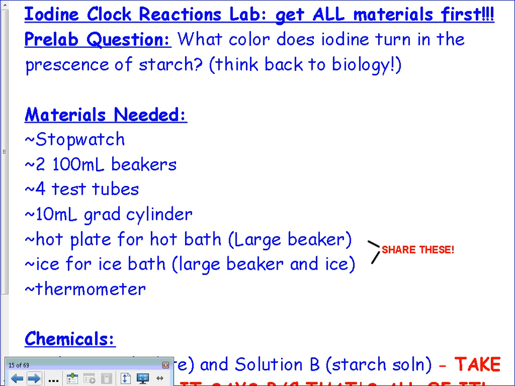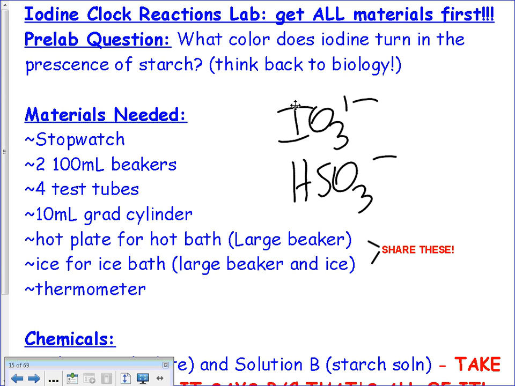So our reaction is between iodate, it's potassium iodate, but it's just the iodate I'm concerned about, and then sodium bisulfite. But the sodium bisulfite is in starch. It's an acidified starch, so do not smell it. It burns your nose hairs.